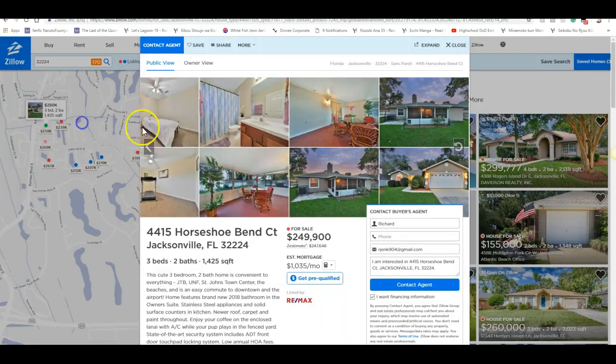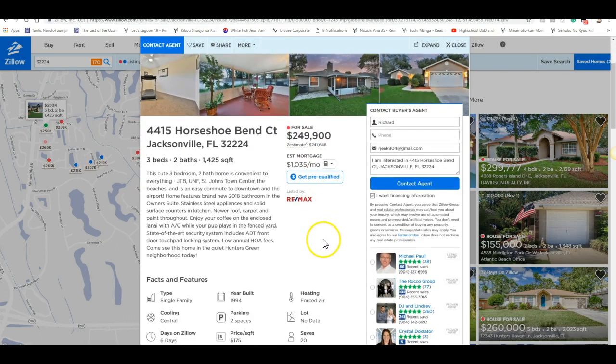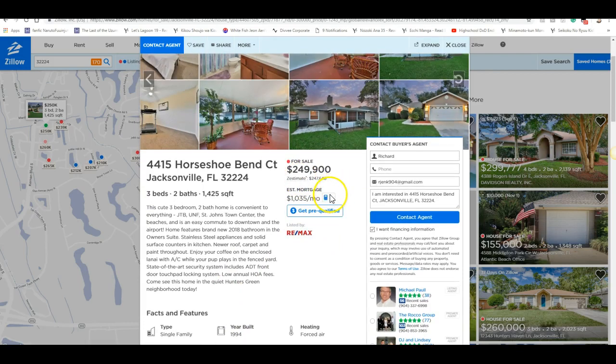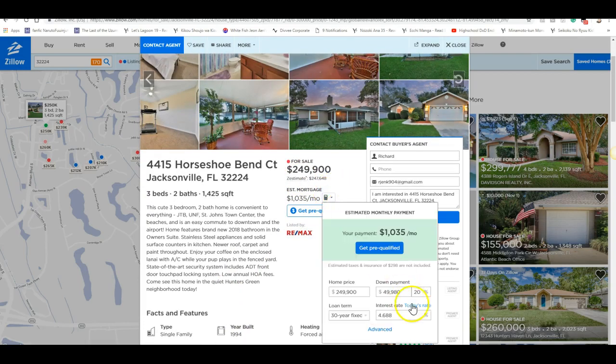So you start looking at your average mortgage for this house, which was built in 1994, is $1,035. So not bad. That's putting down $50,000 on the house. And you could do that with your Forex trading.